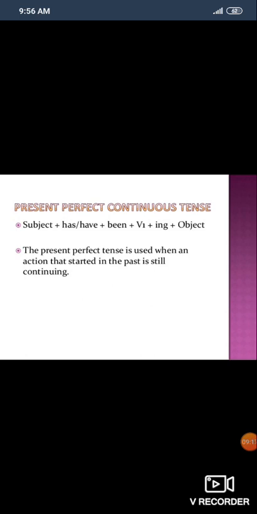It means that the action began at some time in the past but is still continuing in the present. Like Anita has been watching TV for the last 2 hours. It means that now it is 2 hours since she started and she is still watching TV. That means the action started in the past before 2 hours and is still continuing after 2 hours. So that is the present perfect continuous tense.